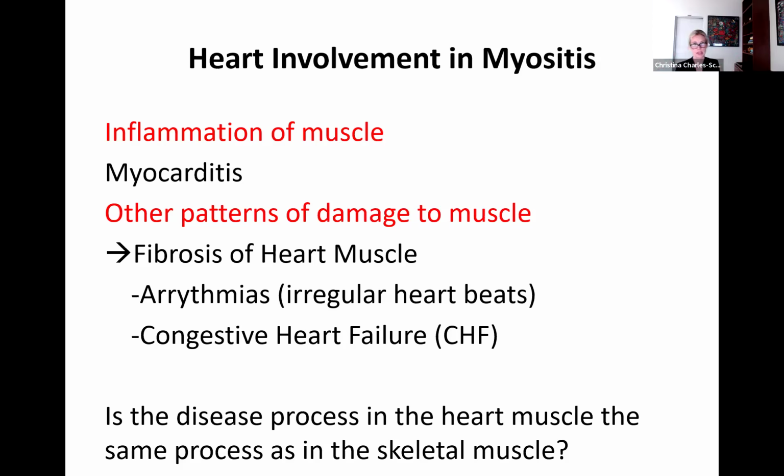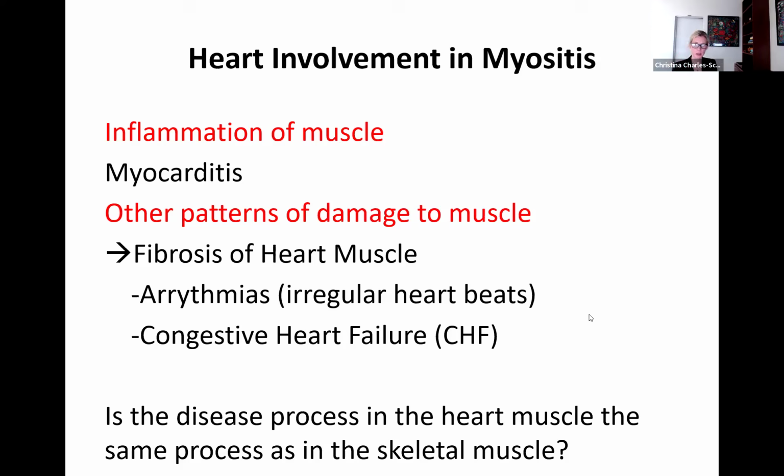We'll get into IBM specifically in the latter half, but you see arrhythmias in patients with myositis early in disease when there's a lot of inflammation and later in the disease. I think that's getting into this damage, which can also lead to the arrhythmias. Of course, if you have scar in the heart muscle, you can get heart failure because the muscle of the heart is not able to contract normally because of that damage.